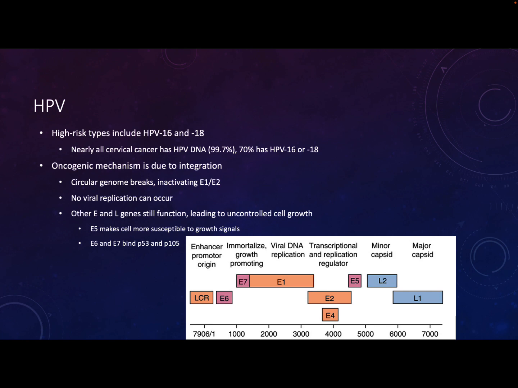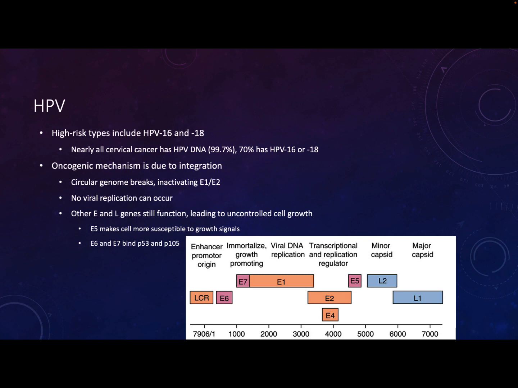Maybe you remember from a class like cell and molecular, P53 is one of the most important tumor suppressor genes. So those viral proteins are still being made because the genome is integrated into the host chromosome. So now the host is transcribing and translating, and those proteins inactivate the tumor suppressor genes.